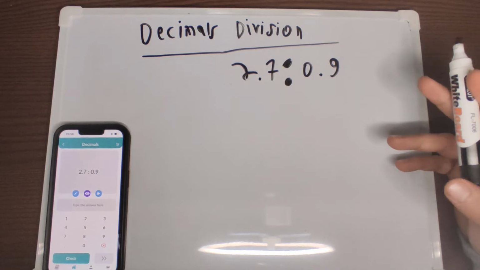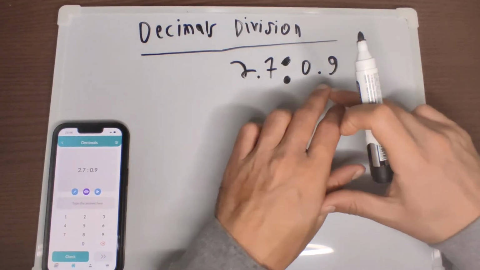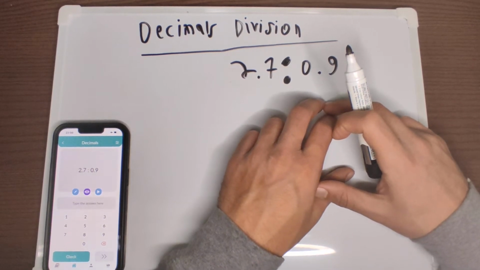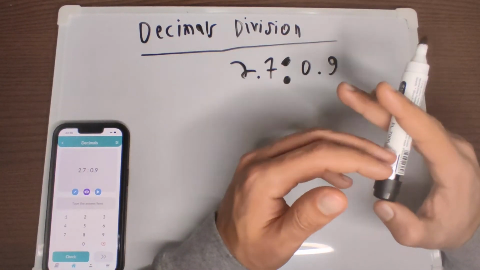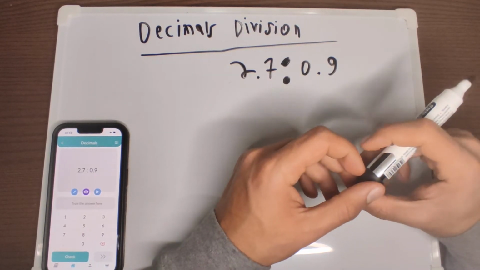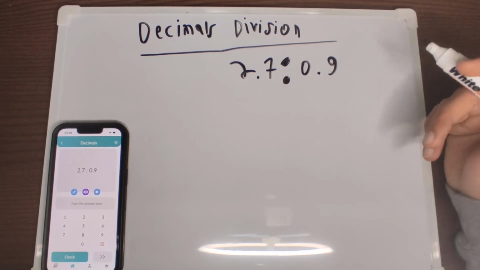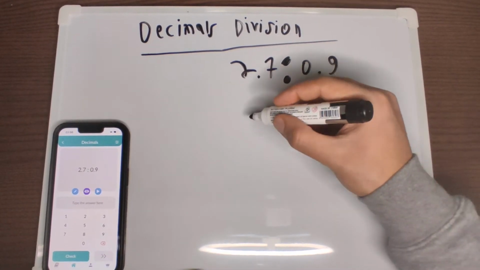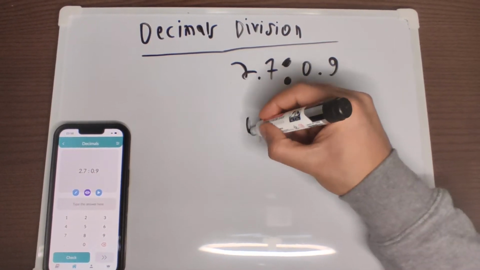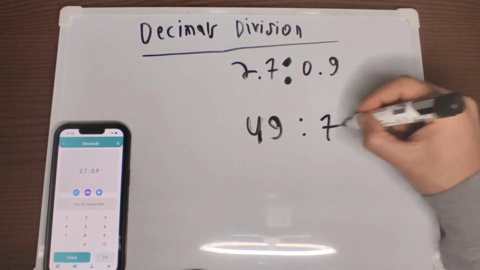If we think about it, when we have one number divided by a second number, we can multiply them both by 10, for example, and the exercise will stay the same exercise. Let's take an example. 49 divided by 7.